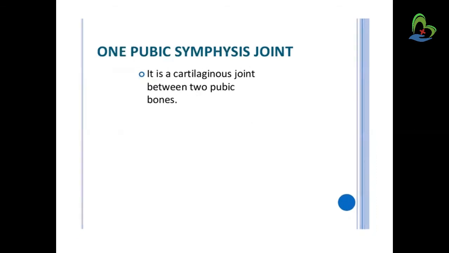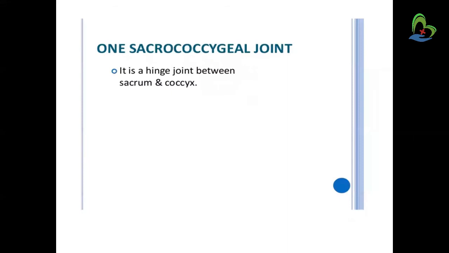Now the pubic symphysis, as we learned, is a joint present between the two innominate bones, and it connects them. Now the sacrococcygeal joint is a hinge joint between the sacrum bone and the coccyx bone.